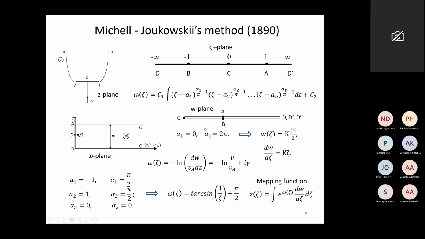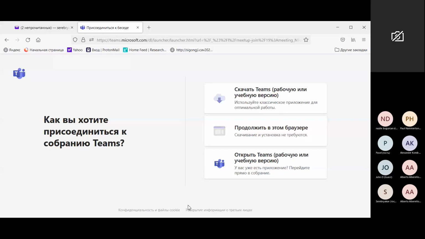As I told, it is just cut, with two sides of the cut, CBD and CAD. Then the complex omega function has the following region. It's quite easy to draw this region because we have velocity magnitude as the real part and angle of the velocity as the imaginary part.